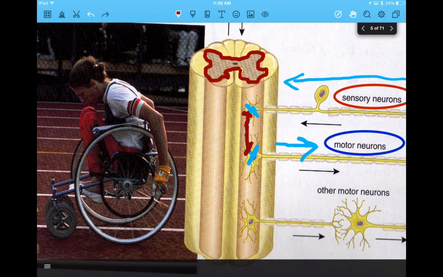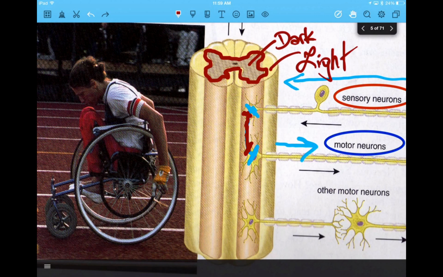Now, because it's darker, we call this dark matter, and we call this light matter. So what's the difference really? What it really means is sensory neurons and motor neurons, they're insulated.